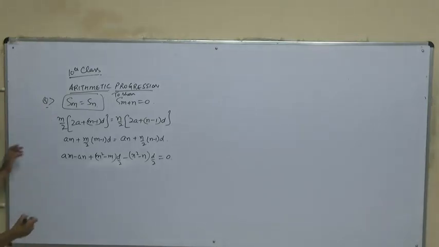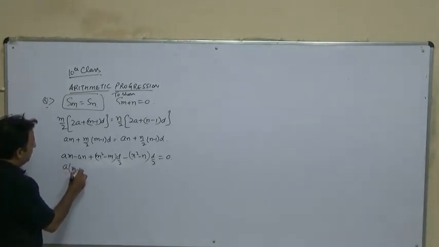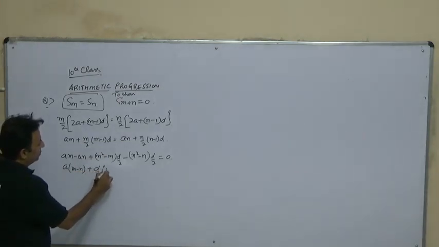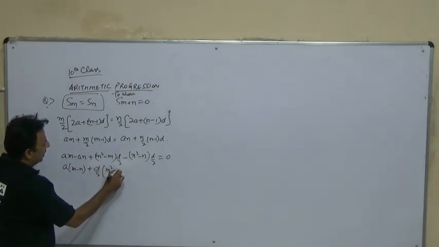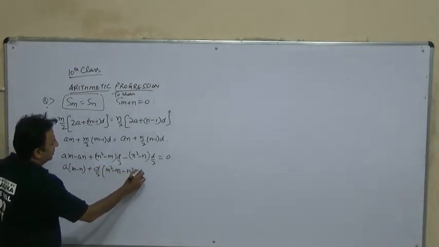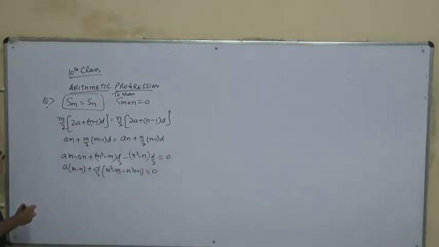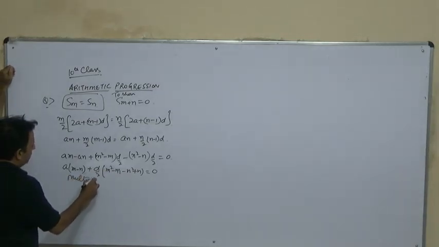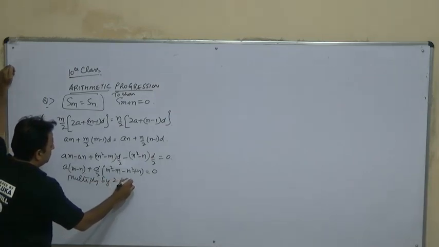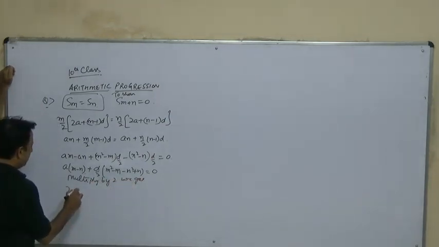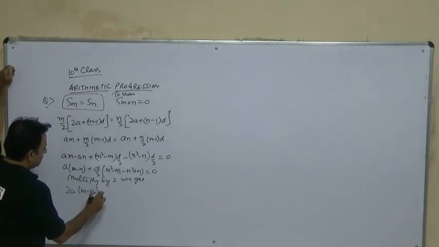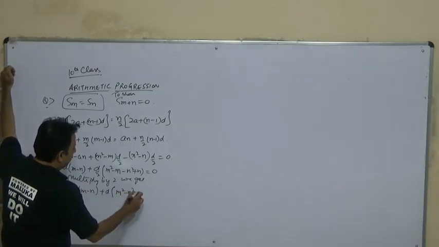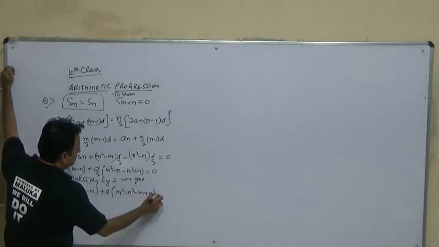Okay. Take a common from here, you will get (m minus n) plus d by 2, take common, this will be (m square minus n square) minus (m minus n), is equal to 0. So multiply by 2, we get 2a into (m minus n) plus d, write it as (m square minus n square minus m plus n), is equal to 0.